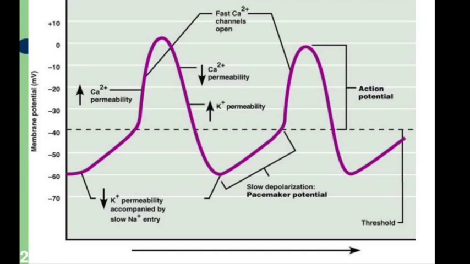At the beginning of this phase, the membrane potential is about minus 60 millivolt. At this potential, gradual depolarization starts due to influx of sodium. Two mechanisms contribute to this inward current. Number one, activation of a special type of sodium channels known as sodium funny channels, I told you before. And the inward sodium current they conduct is known as funny current.